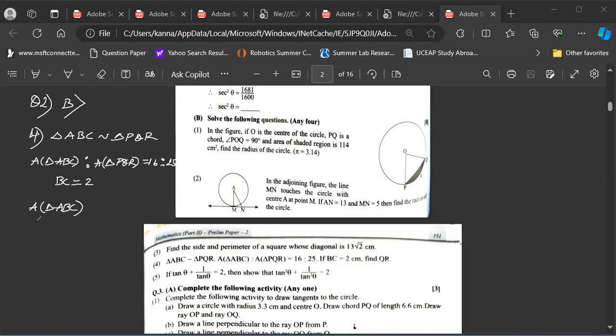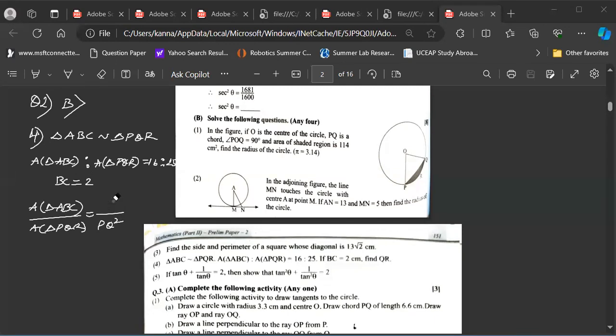Well, the area of triangle ABC upon the area of triangle PQR is equal to what, children? AB square upon PQ square, the corresponding side. BC is given. Sorry, children.